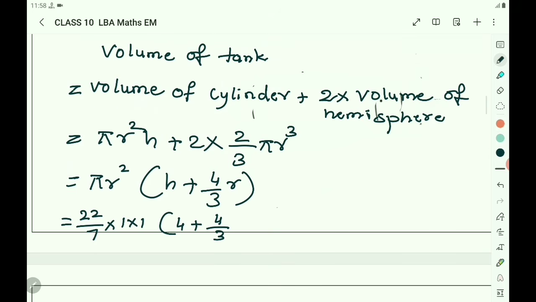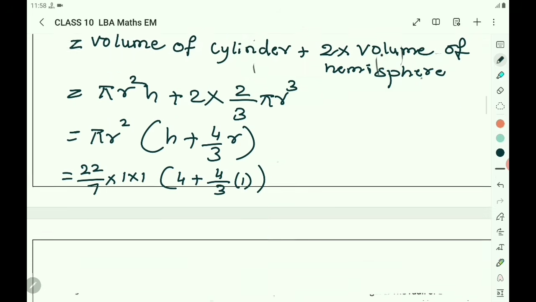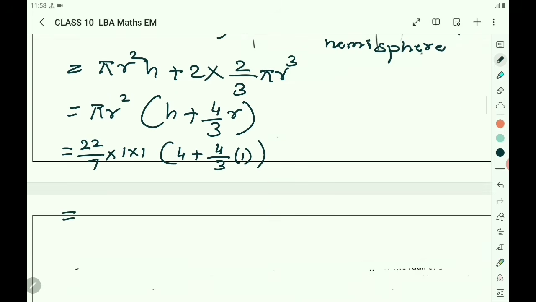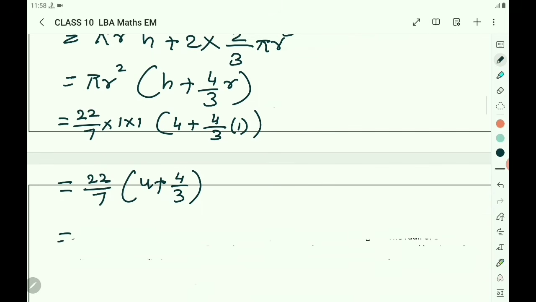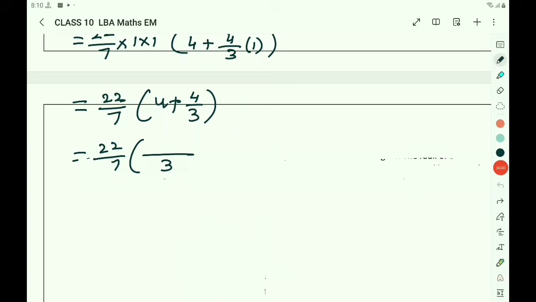Again write r value 1. Then 22 into 1 is 22 only. 22 by 7 into 4 plus 4 by 3 into 1 is 4 by 3, equals 22 by 7 into, here the LCM is 3, 4 into 3 is 12.